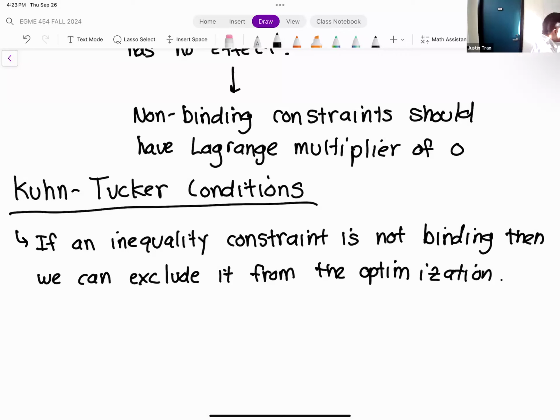The way we can exclude a constraint from the optimization mathematically is to set its Lagrange multiplier to 0. Let me give you the Kuhn-Tucker conditions themselves. We'll write out the mathematical form, and then jump right into an example to see how to actually use them.